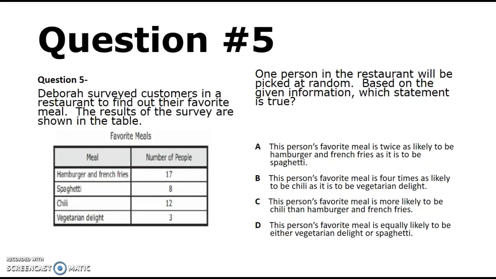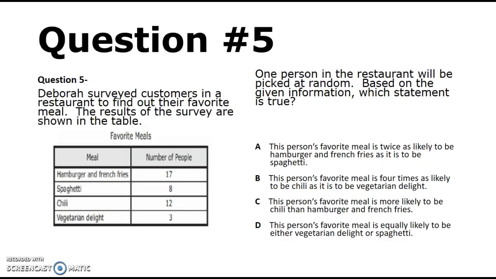Question number 5. Deborah surveyed customers in a restaurant to find out their favorite meal. The results of the survey are shown in the table. One person in the restaurant will be picked at random. Based on the given information, which statement is true? A. The person's favorite meal is twice as likely to be hamburger and French fries as it is to be spaghetti.